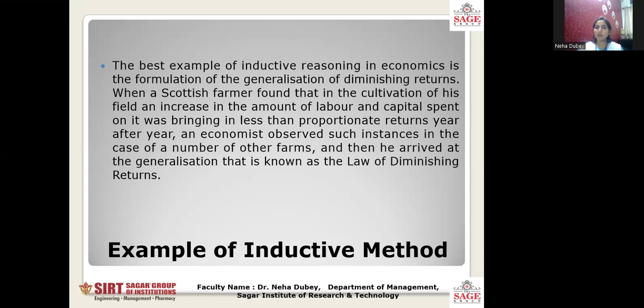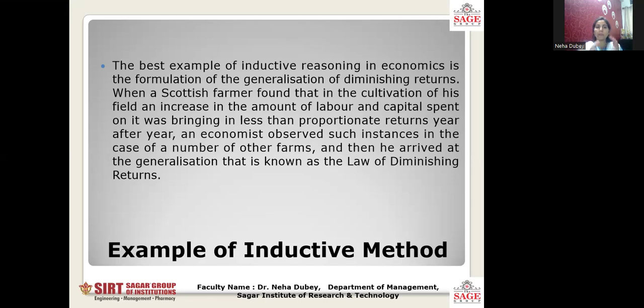So the best example of inductive reasoning in economics is the formulation of the generalization of diminishing returns. A Scottish farmer found that in the cultivation of his field, an increase in the amount of labor and capital spent on it was bringing in less than proportionate returns year after year. And the economist observed such instances in the case of a number of other farms, and then he arrived at the generalization that is known as the law of diminishing returns.